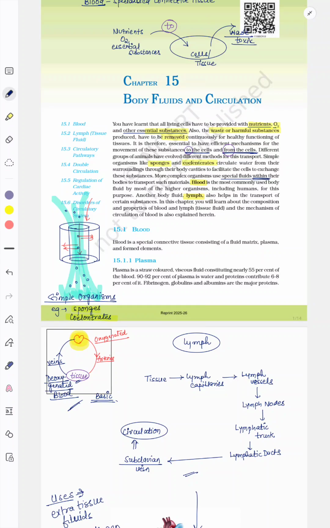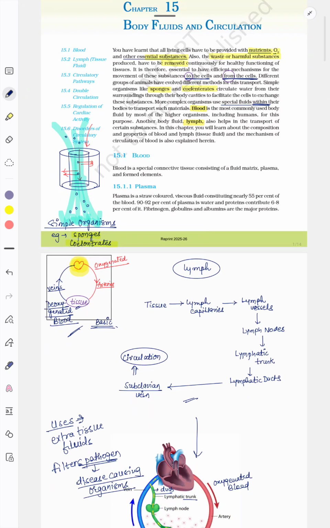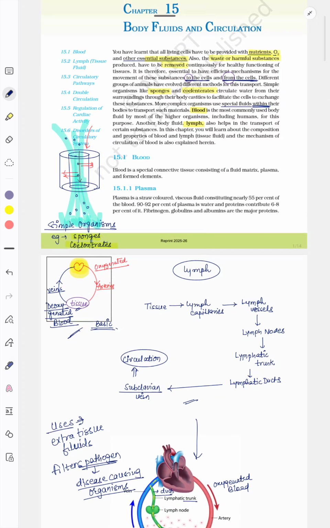We have seen complex organisms having a specific system, that is in humans. It is called blood and lymph. Blood is the most commonly used fluid in our body. So this one paragraph we have finished. Now in the next video we'll talk about blood and components of this blood.